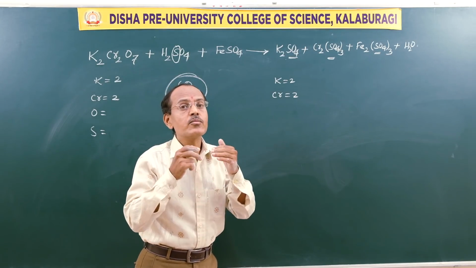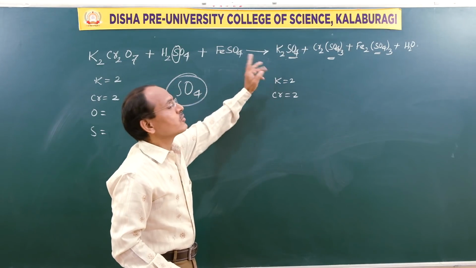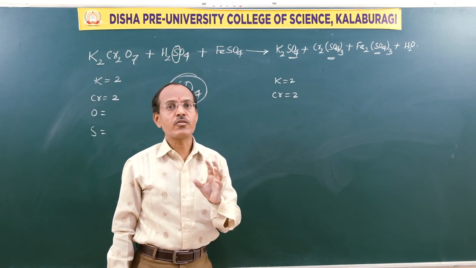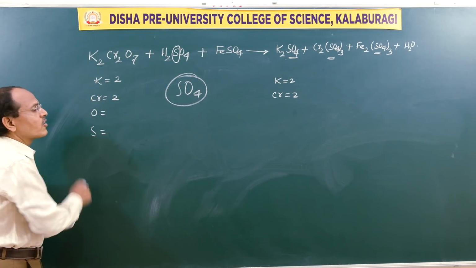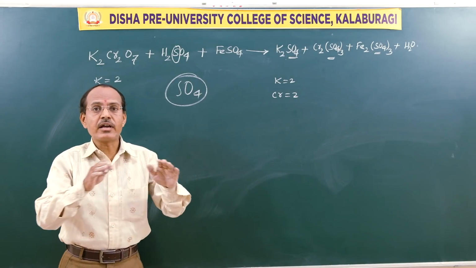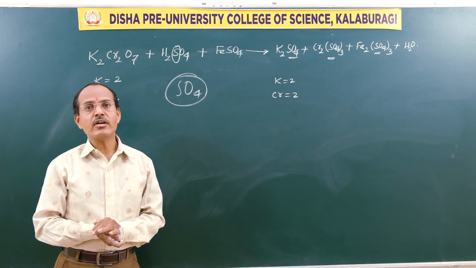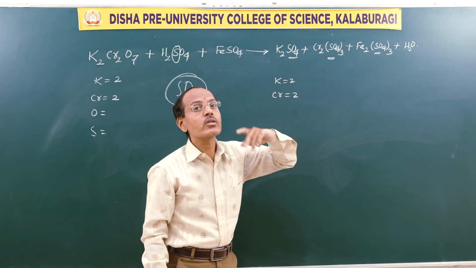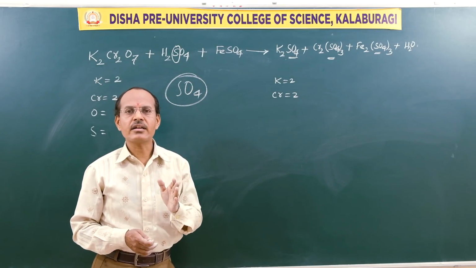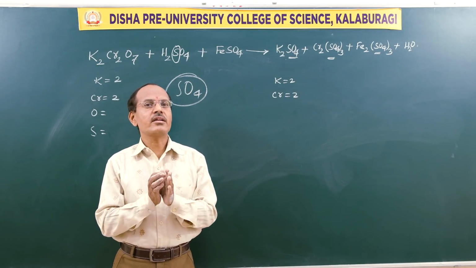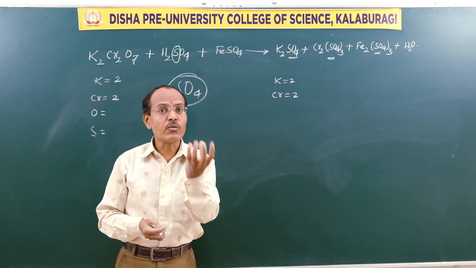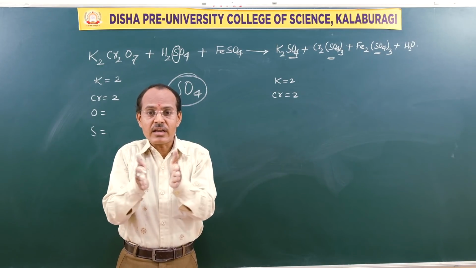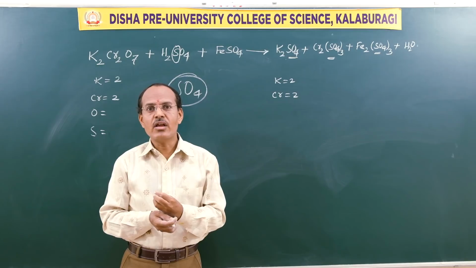It becomes easier for us to balance that equation. Otherwise, if you split sulfur and oxygen separately, it becomes laborious, because here you are finding more than one product. At that time, concentrate on those ions which are a unit in nature, meaning one integral set.